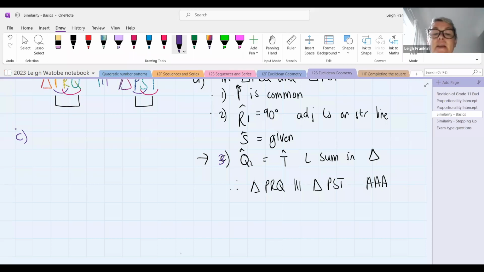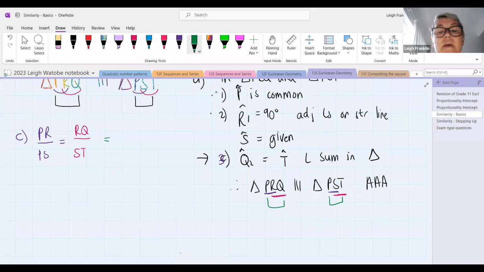Listen carefully, guys. The first 2 in this triangle were the first 2 in that one. So I'm going to write PR over PS. Then it's going to be the second 2 in the first triangle with the second 2 in this triangle. So here I'm going to write RQ over ST. And then it's going to be first and last with first and last.